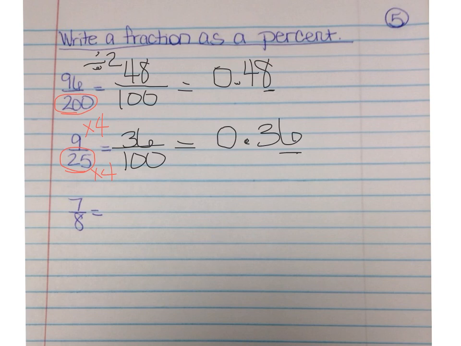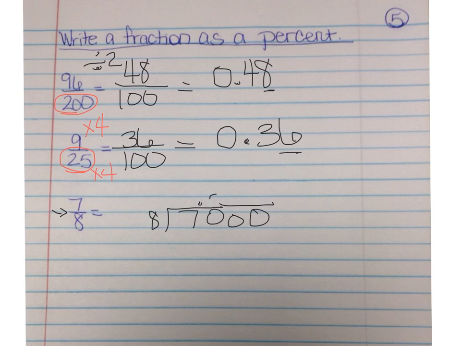to 100, there's another way to do it. Remember, I've told you that this line right here means divided by. So you would do 7 divided by 8. Okay, and obviously 8 does not go into 7, so we're going to have to add some zeros here.